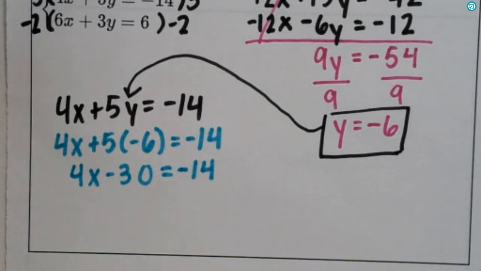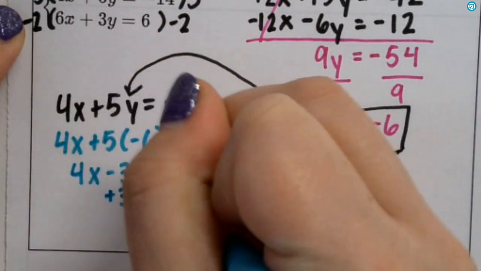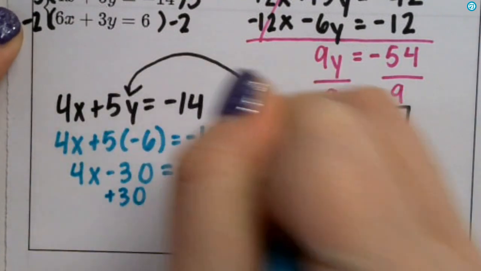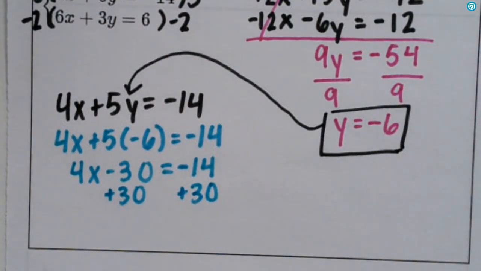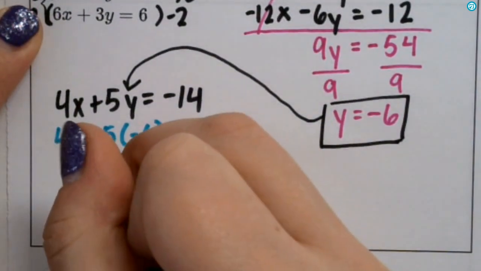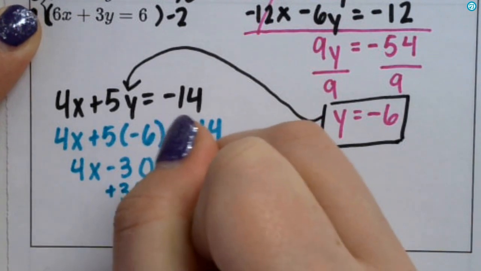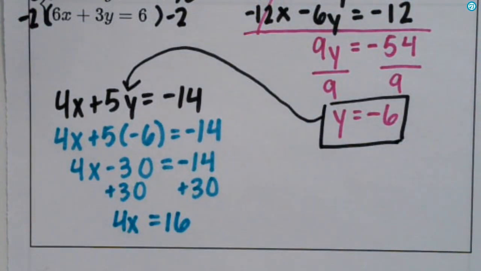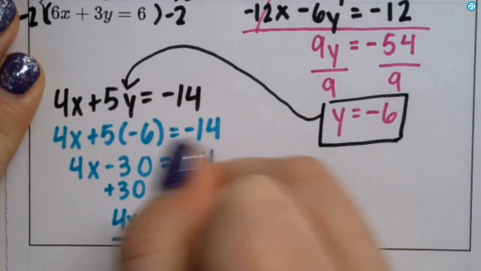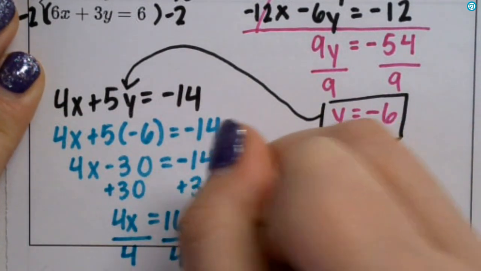We'll add 30 to both sides. We'll get 4x equals 16. And then we'll divide by 4 and get x equals 4.